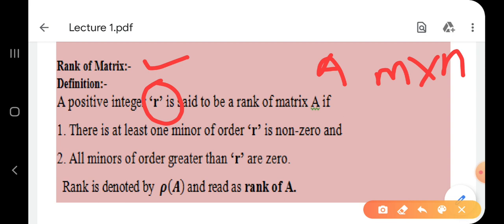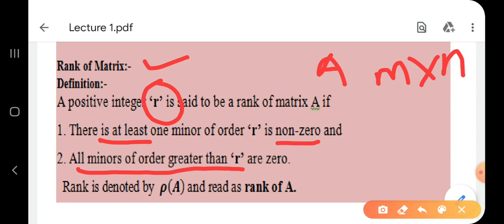The first one is there exists at least one minor of order R that is non-zero. Minor means determinant. We will think on that. The second one is all minors of order greater than R are 0, means minors of order R plus 1, R plus 2, their value is 0.